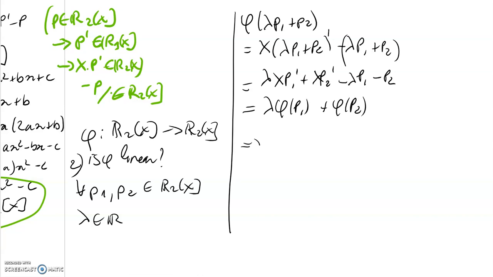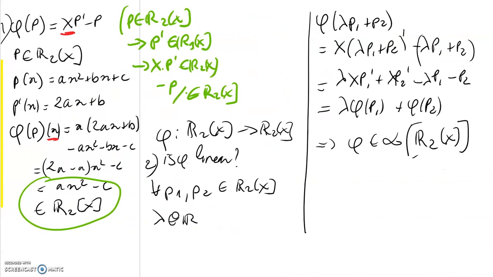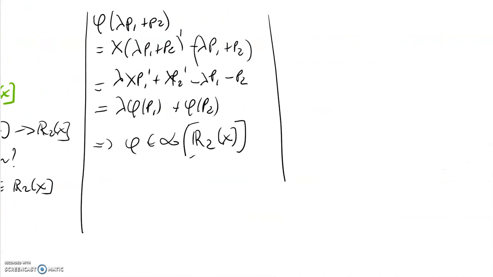And so phi belongs to the space of linear maps from R2 of x into itself. Okay, that was question 2. Let's have a look at question 3. What is the kernel of phi?